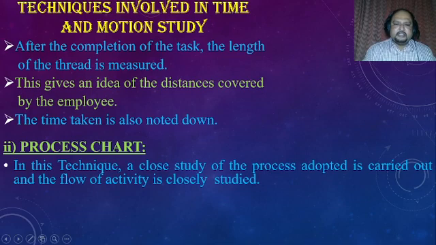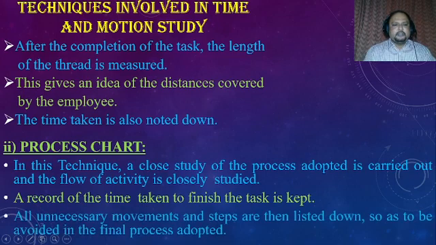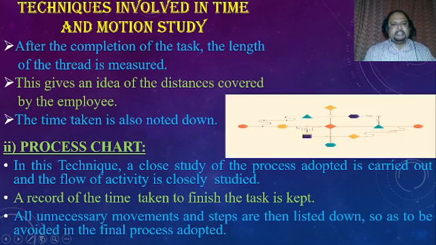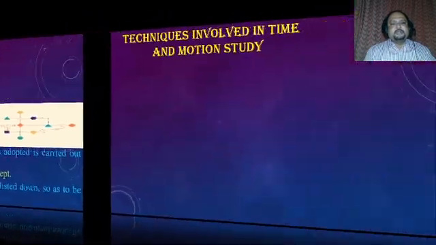In this technique, a close study of the process adopted is carried out and the flow of activity is closely studied. A record of the time taken to finish the task is kept, and all unnecessary movements and steps are then listed down so as to be avoided in the final process adopted. And this is what happens in the second technique, which is the process chart.